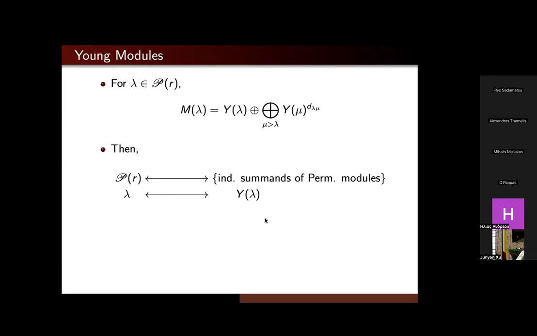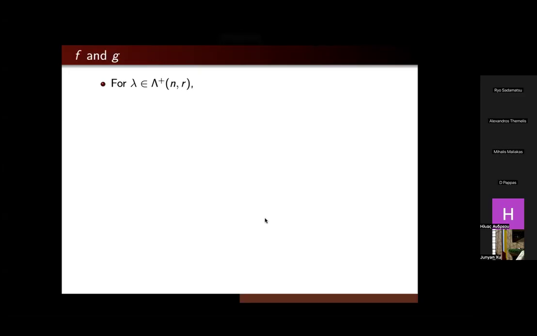For any partition of r, we have a correspondence between partitions of r and indecomposable summands of permutation models. I could just write there: correspondence between partitions of r and indecomposable Young models. Cool. So F and G on these two new objects: if I take a partition with at most n parts of r, I have my Schur functor.